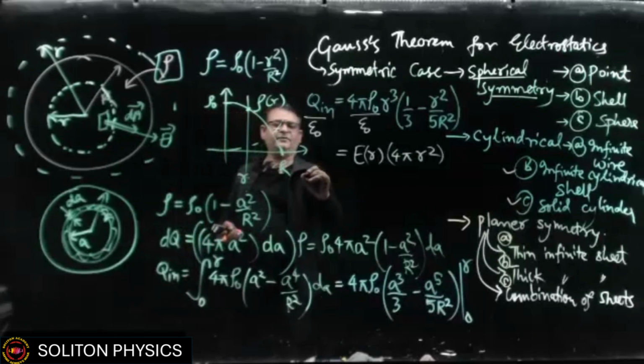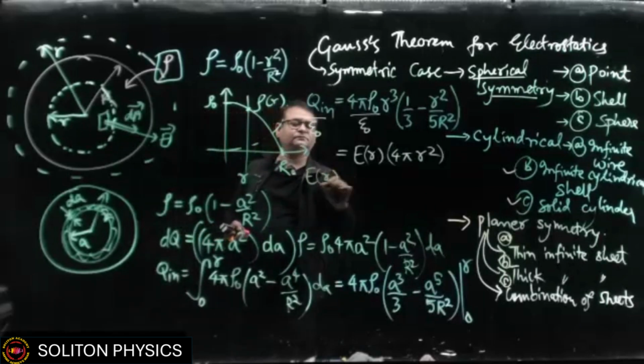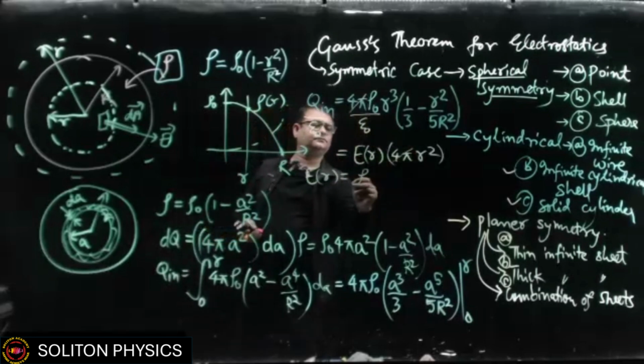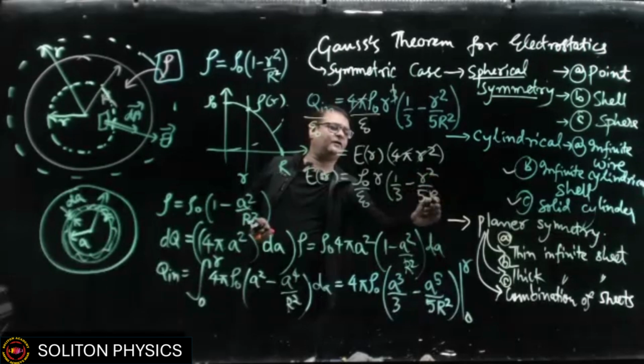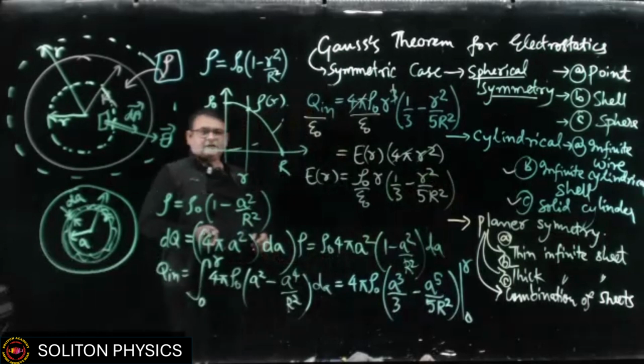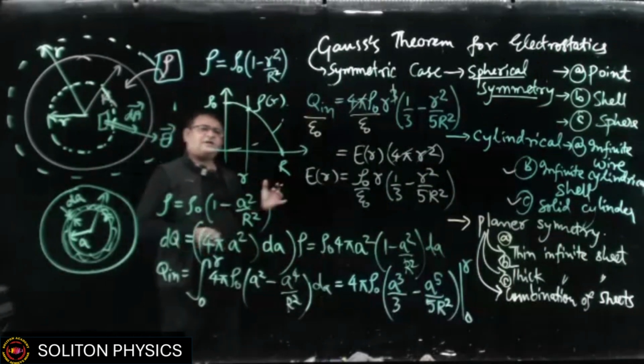So my field will become E equals rho naught r by epsilon naught times (1 by 3 minus r square by 5 R square). Is this clear to everyone?